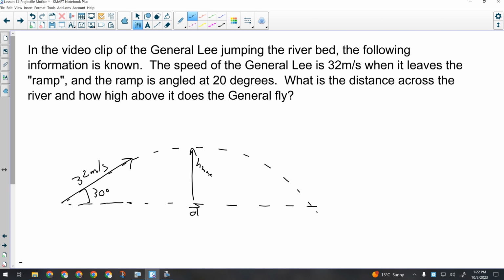As in all projectile motion projected at an angle, this has an x component that represents the horizontal velocity and a vertical component or y component that represents the initial vertical velocity. So as long as I get that projected velocity, I can calculate the other two things.